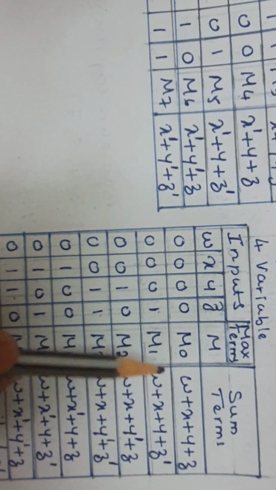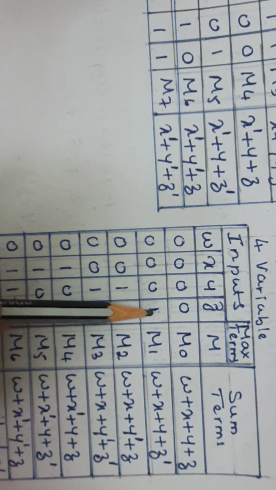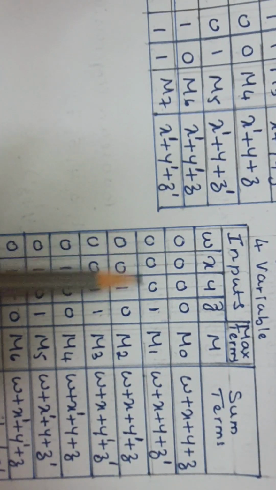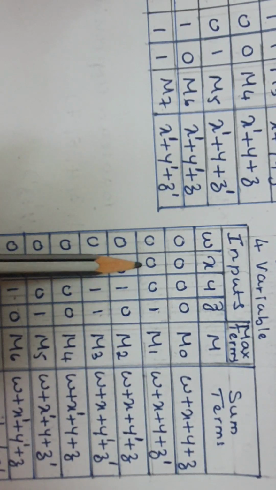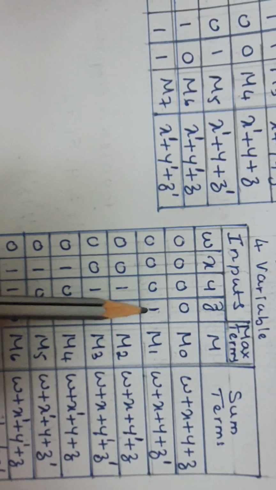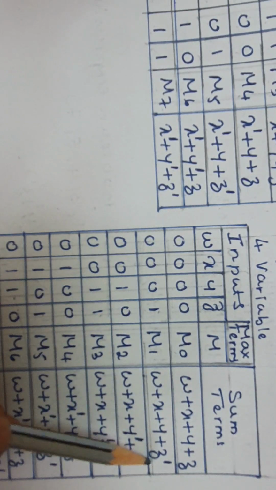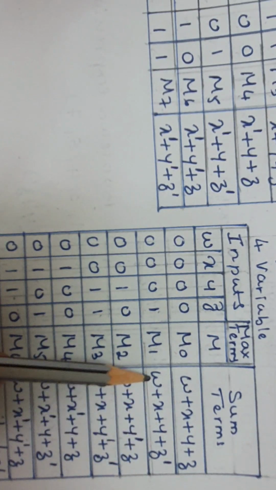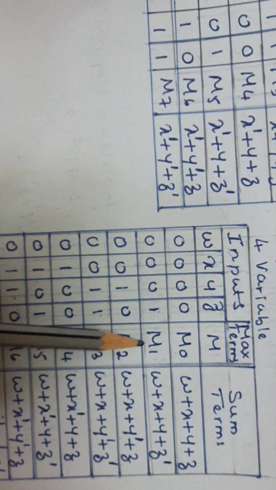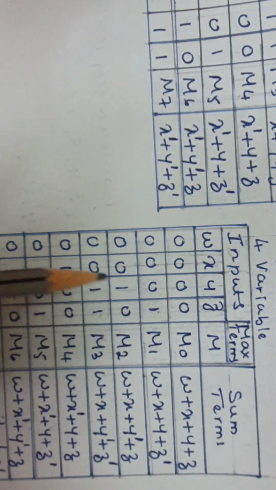This is m naught. Similarly, m1 means 0, 0, 0, 1 is the condition of inputs. Because w is 0, w as it is, x is 0, x as it is, y is 0, y as it is. But z is 1, z dash in between plus sign. So w plus x plus y plus z dash forms m1, that is max term 1.